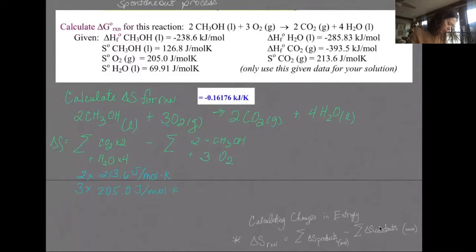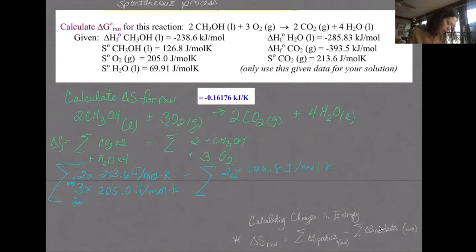Also notice that we're multiplying this times moles, so those moles will cancel. So we'll multiply those and we will subtract from it 2 times the methanol. It's 126.8 joules per mole Kelvin.